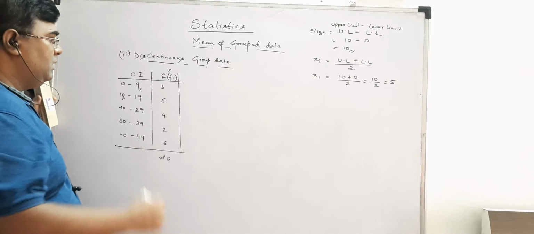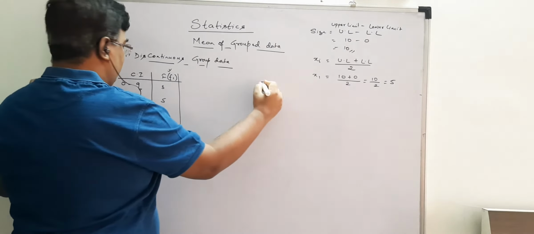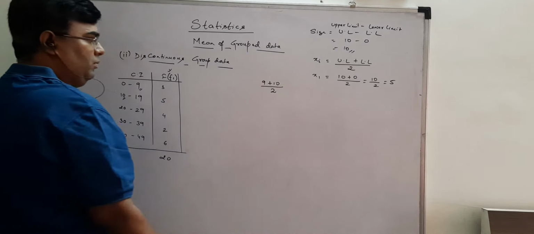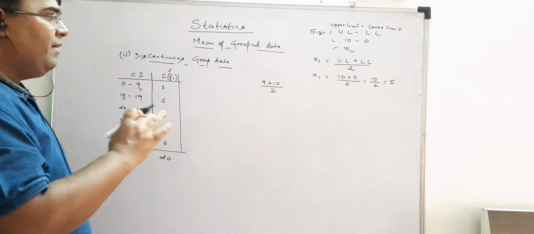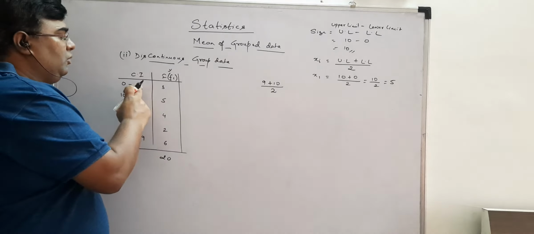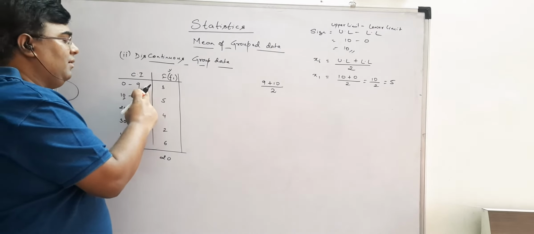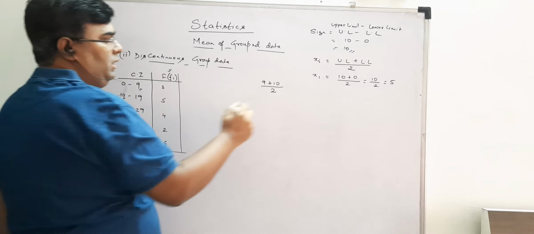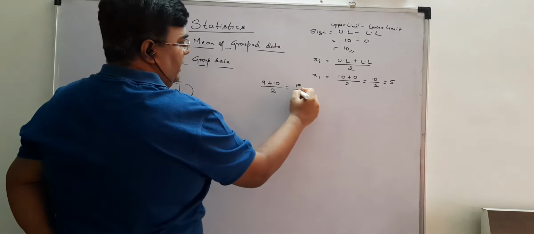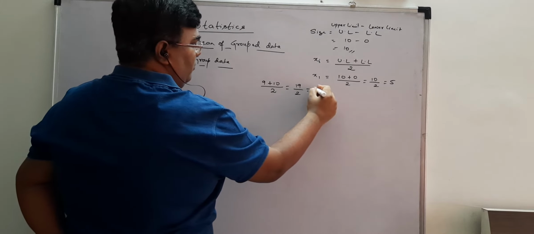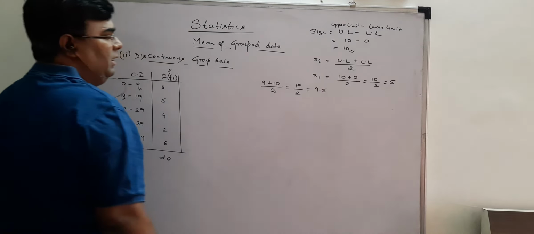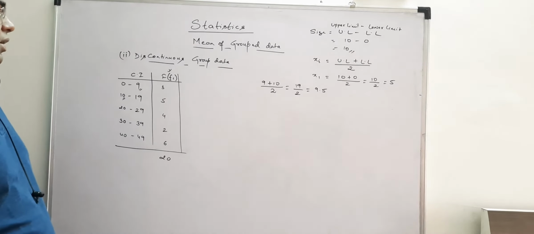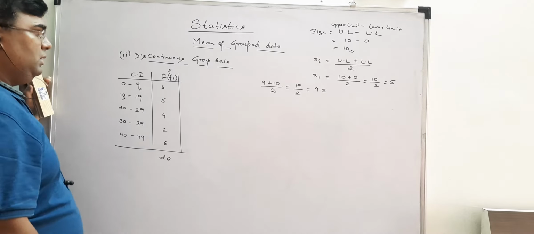So basically I am doing 9 plus 10 by 2, the average of the upper limit of one class interval and the lower limit of the next class interval. It is coming as 19 by 2, which is 9.5.